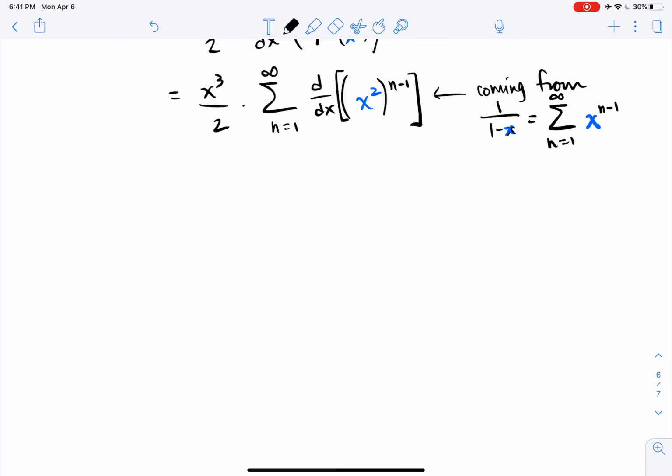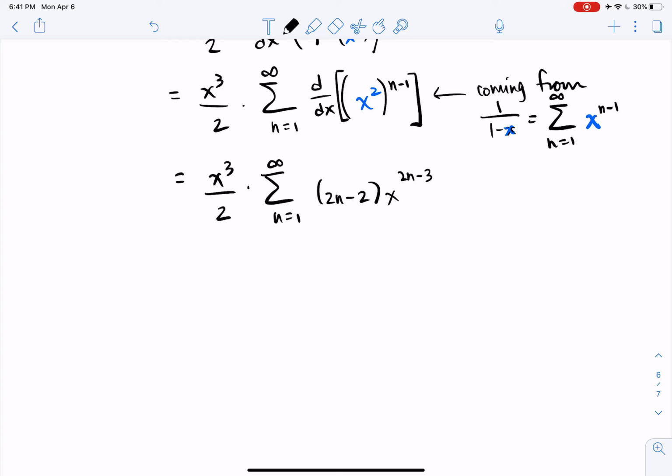done by the power rule, which we love. And that ends up giving you, once you FOIL this 2 through, 2n minus 2. That's the power. And then you reduce the power 2n minus 2 by 1, resulting in 2n minus 3. And then we're going to push this back in.